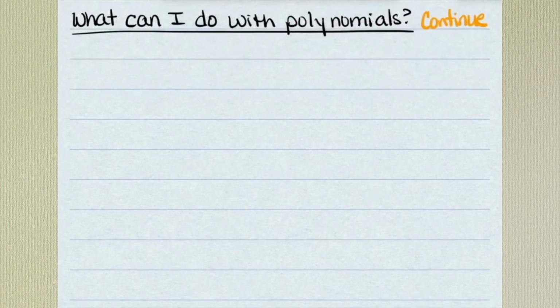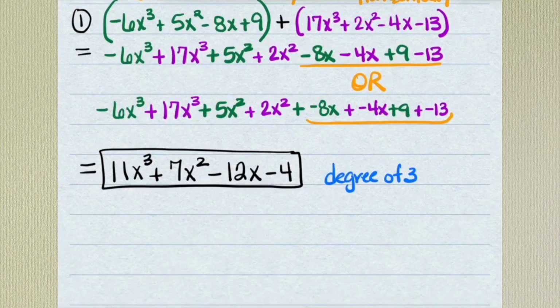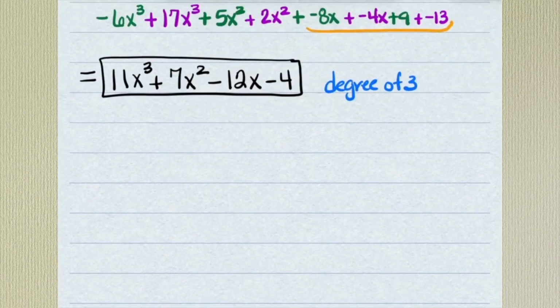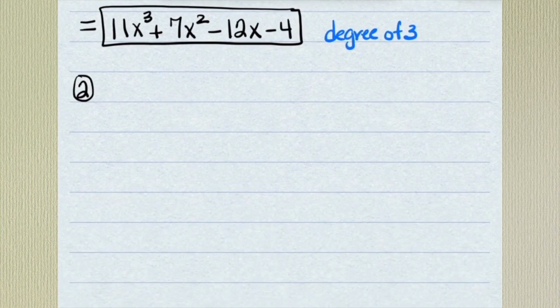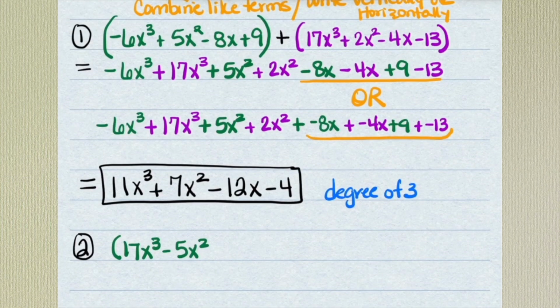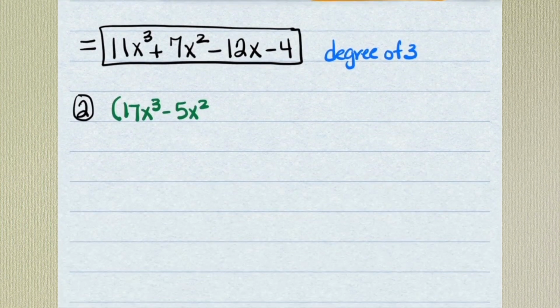Okay, let's do, hold on. Do I have room? Yeah, I have room. Let's do it here. My second example: 17x cubed minus 5x squared plus 4x minus 3.